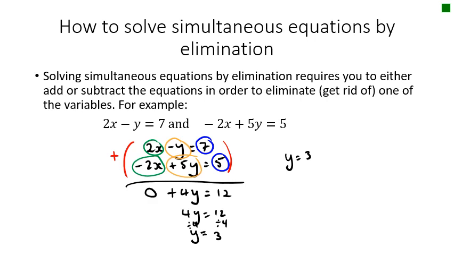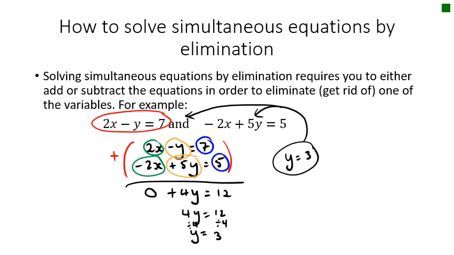And if y equals 3, I can substitute the y value back into either equation, it doesn't really matter, to find out what x is. I'm going to choose this equation here because I think it's a bit easier.